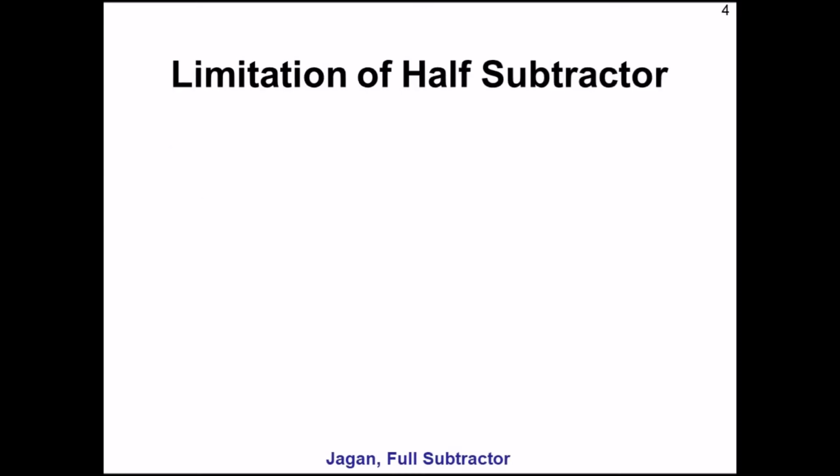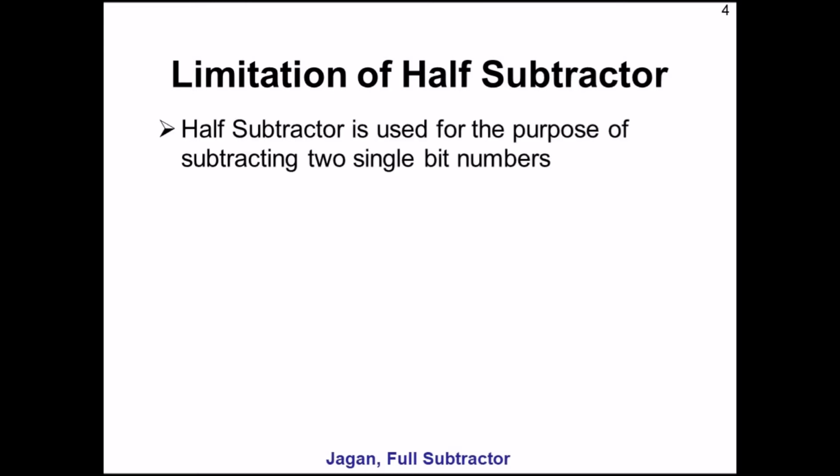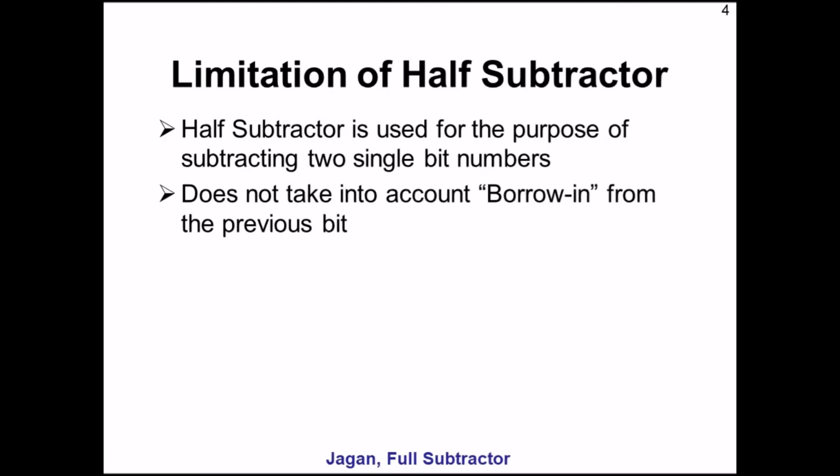Before we begin the theory, let's see what is the limitation of half subtractor. Why do we require this full subtractor? Half subtractor is used for the purpose of subtracting 2 single bits. But the main drawback is, we are not going to take into account the borrow in from the previous bits or previous operation.